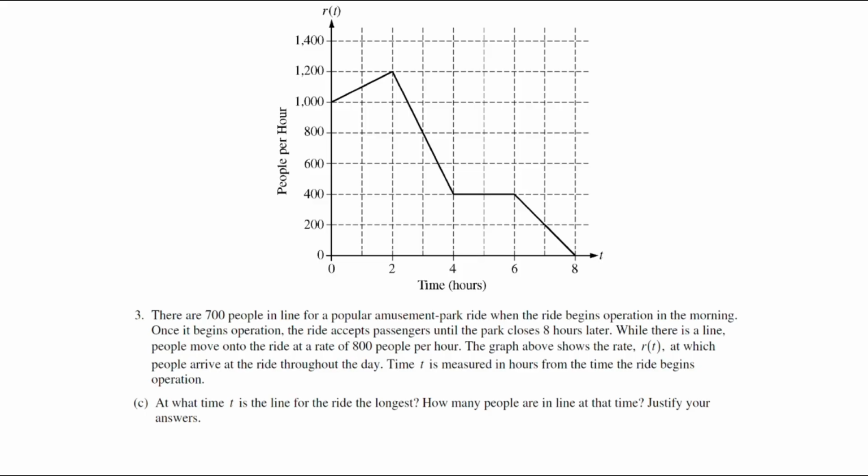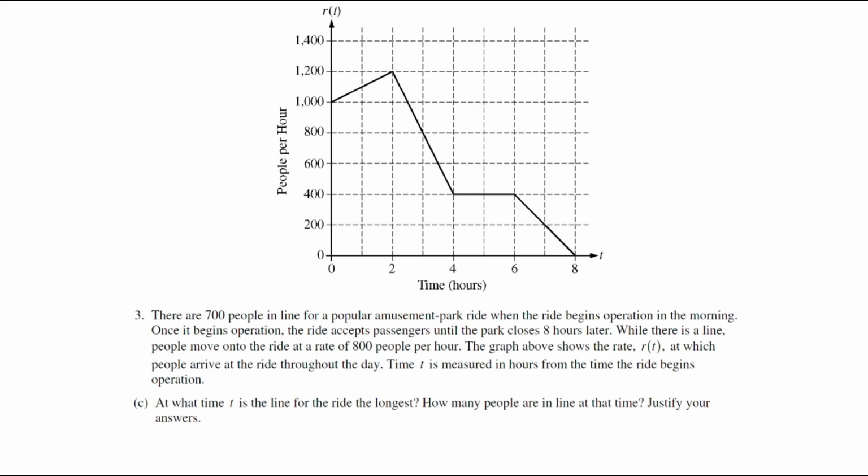In part C, it says, at what time t is the line for the ride the longest? And we want to know how many people are in line at that time. And also, we need to justify our answers here.